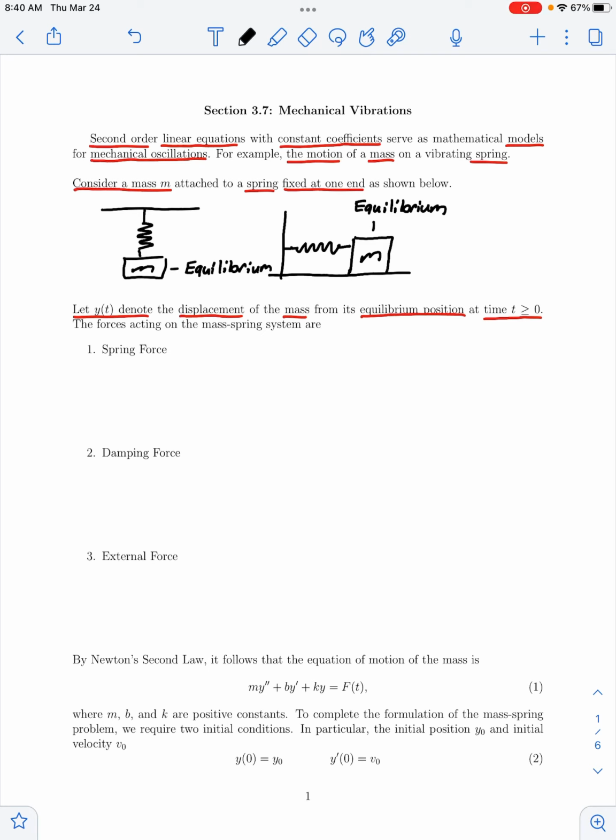Now, the usual convention here is when we consider the vertically suspended mass, a downward displacement from equilibrium would correspond to a positive displacement, whereas an upward displacement from equilibrium would be a negative value for y. And in the horizontal mount, a right-hand displacement from equilibrium would correspond to a positive y, whereas a left-hand displacement would correspond to a negative y.